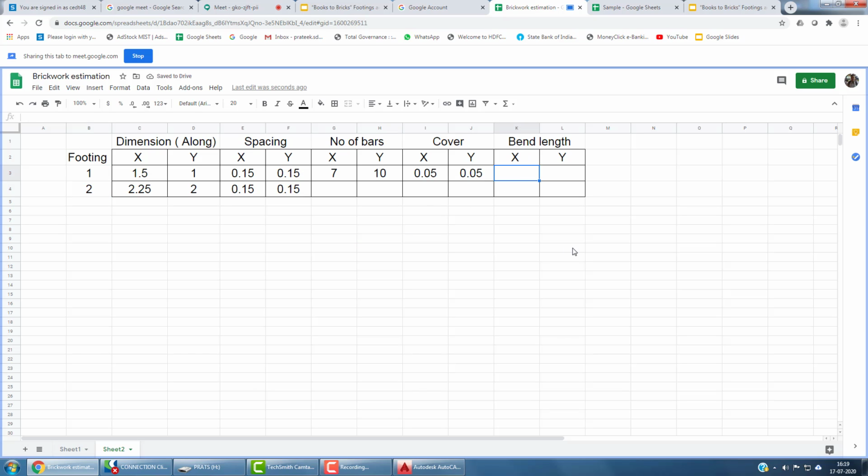Footing number 2. Yes, guys, getting the second one?